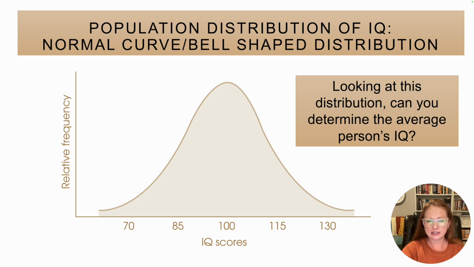Frequencies, occurrences, count, right? How many tally marks? How many people show up to this? So again, on the y-axis is your frequency, your Fs, right? You notice some people have a low IQ, and the frequency peaks around 100, and then it starts to go back down again. It doesn't mean the IQs are going down, it means the frequency is going down.